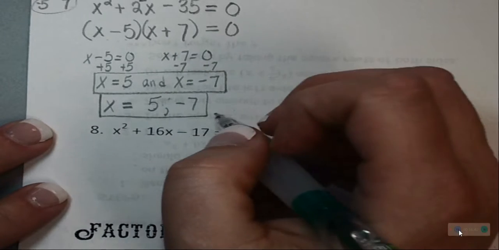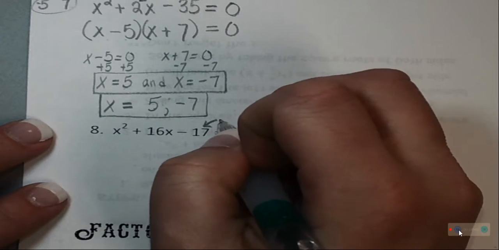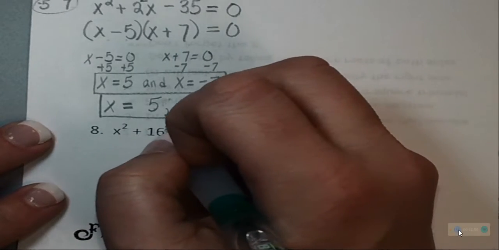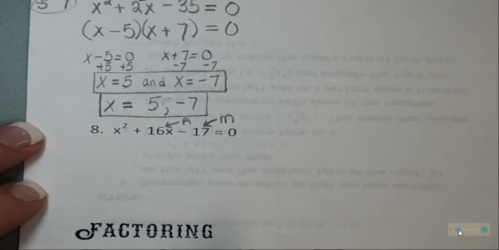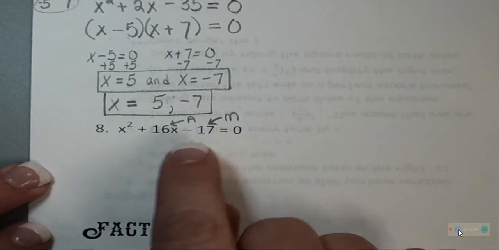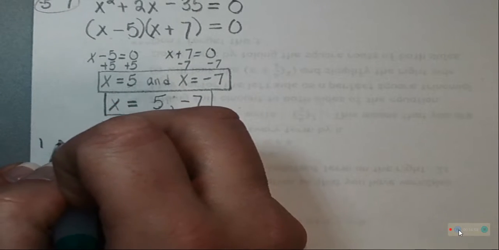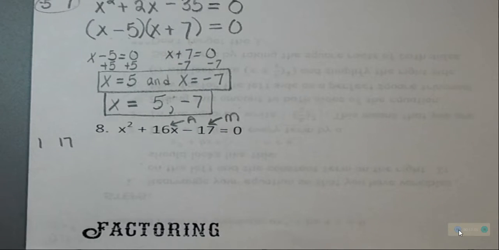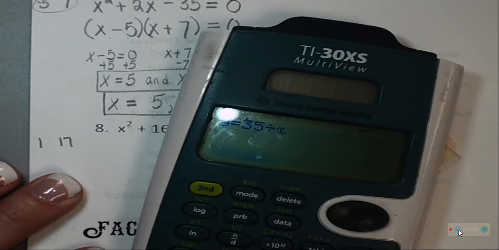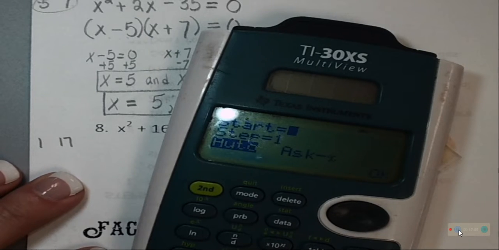So I'm going to ask myself the question: what two numbers multiply to give me negative 17 and add to give me 16? To get 17, I know I can do 1 and 17. What else? Type it in the table. Let's check, okay? I'm going to go to the table and type 17 divided by x.